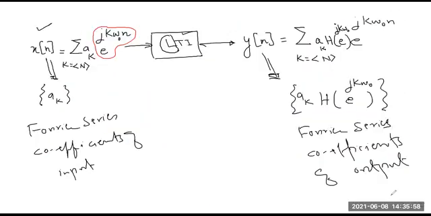Now let's solve one example to apply the concept that we have developed after going through this topic. Let's assume that there is an LTI system and its impulse response is given to you. Its impulse response is e raised to power minus t u of t.